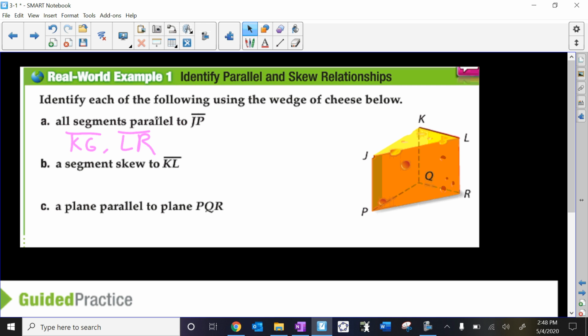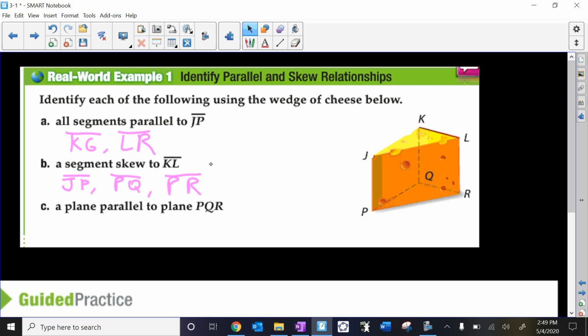One of them that is skew is going to be JP. Notice how it goes in a completely different direction. It's not parallel. It's not intersecting. They're on different planes. So that would be a skew line. Another one would be PQ. And then there's one more, and it is PR.